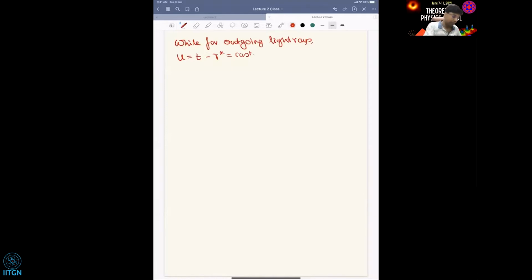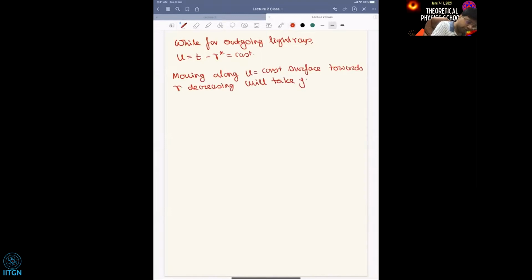So in other words, moving along the u equal to constant surface towards r decreasing will take you to t goes to negative infinity.